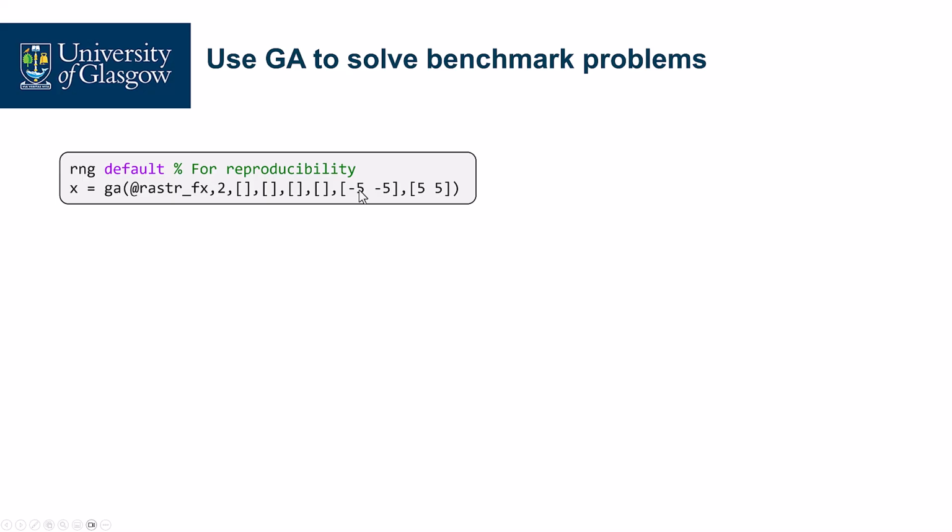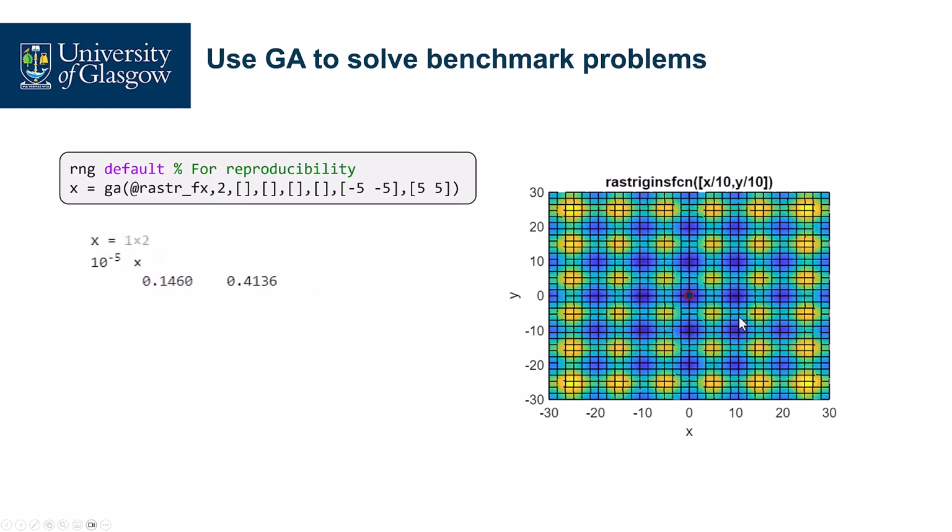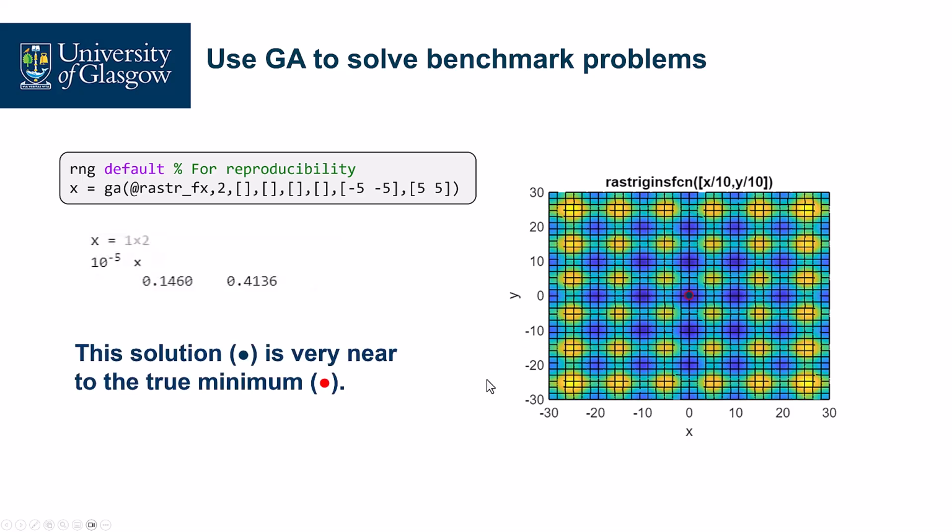Here I provide the lower bound and the upper bound of the 2 variables, each from -5 to +5. Let's see what happened when we use this command. This is the result. Notice there is a 10 to the power of -5, so this is very near to the true minimum. You can write it yourself, see the live script.